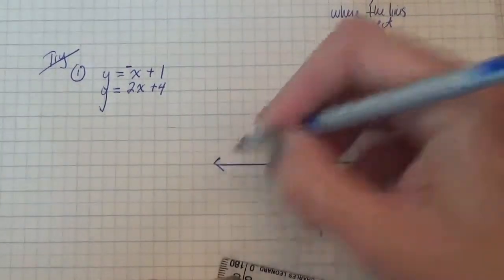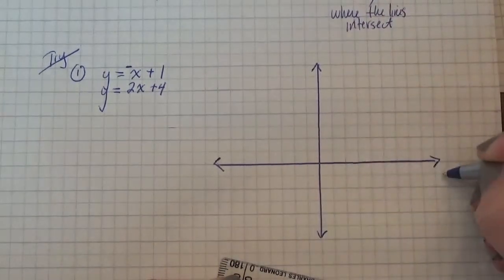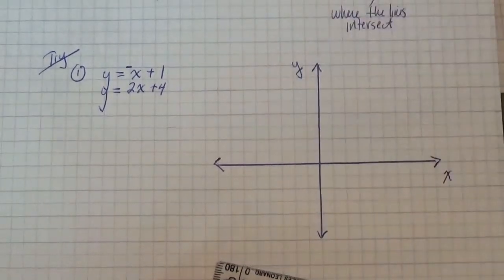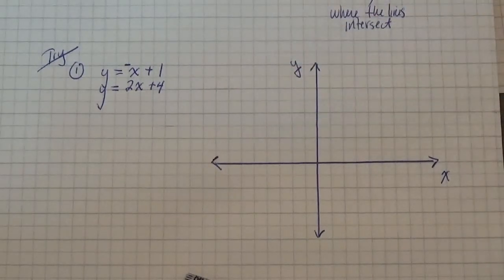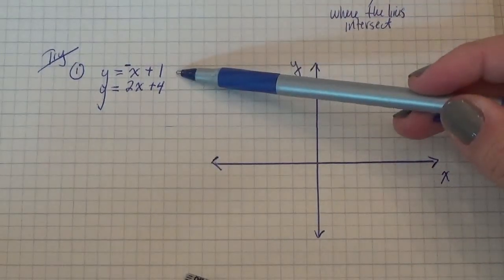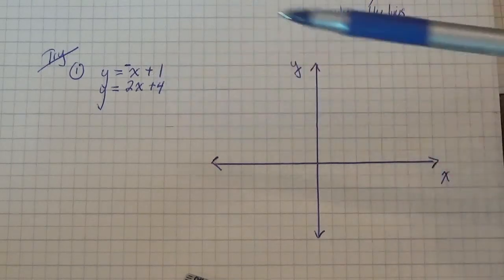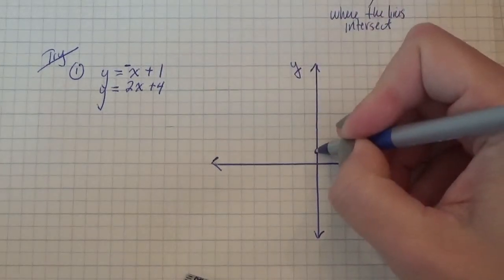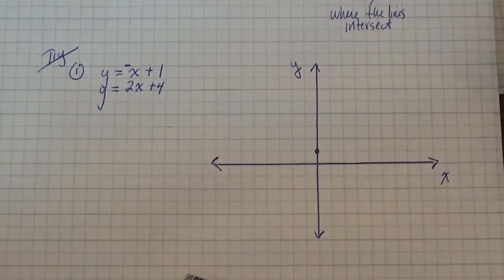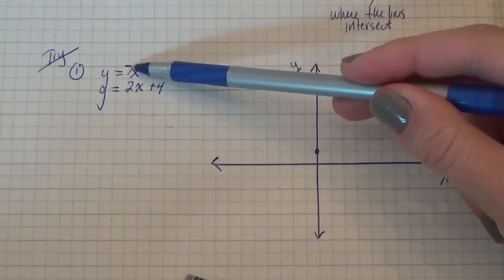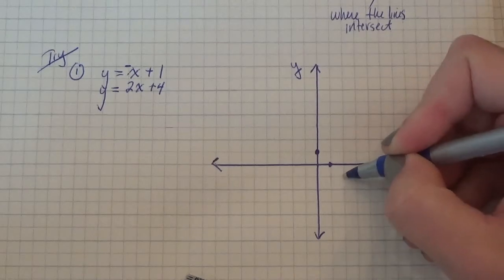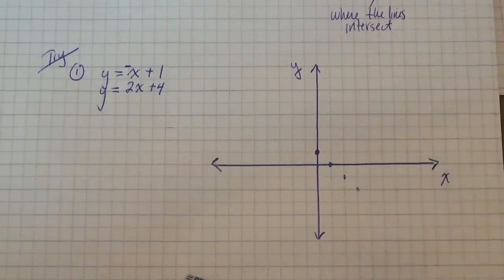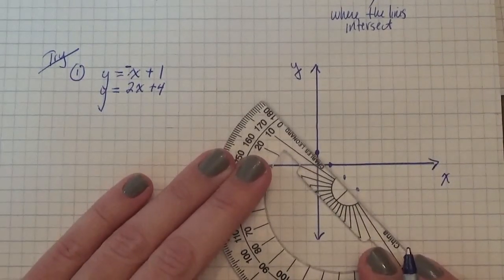Remember to put arrows on your x and y axes. And let's use the slope and the y-intercept. That'll be the quickest. So for the first line, the y-intercept is +1, so it's going to hit right here at +1. The slope is -1, so that means we're going to go down 1 over 1, down 1 over 1. So that'll be our first line.